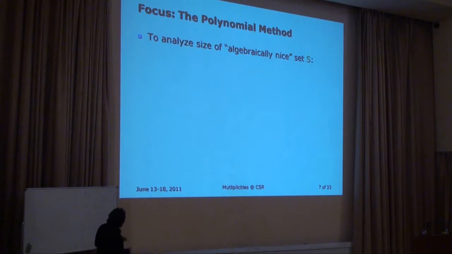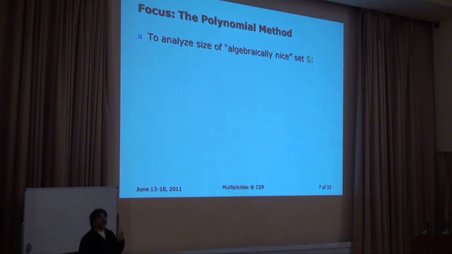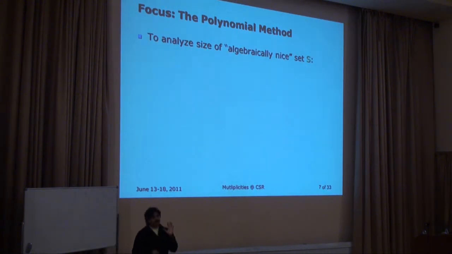So the focus of this talk is to look at the underlying method that we saw here, and I'll try to describe it without the numbers over here. So if you want to understand some algebraically nice set capital S, in this example that we just saw, the set happened to be the set of points in the plane through which you were trying to pass too many polynomials.